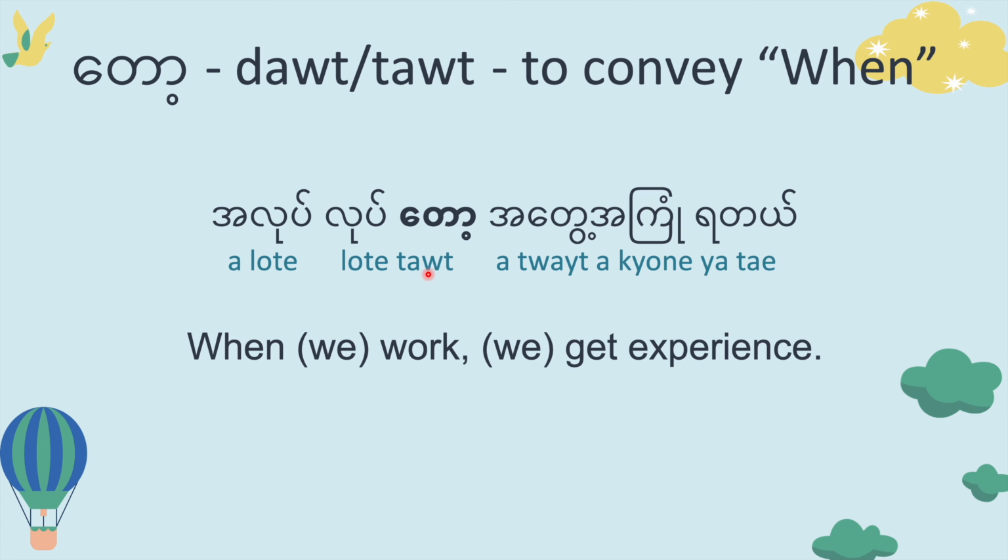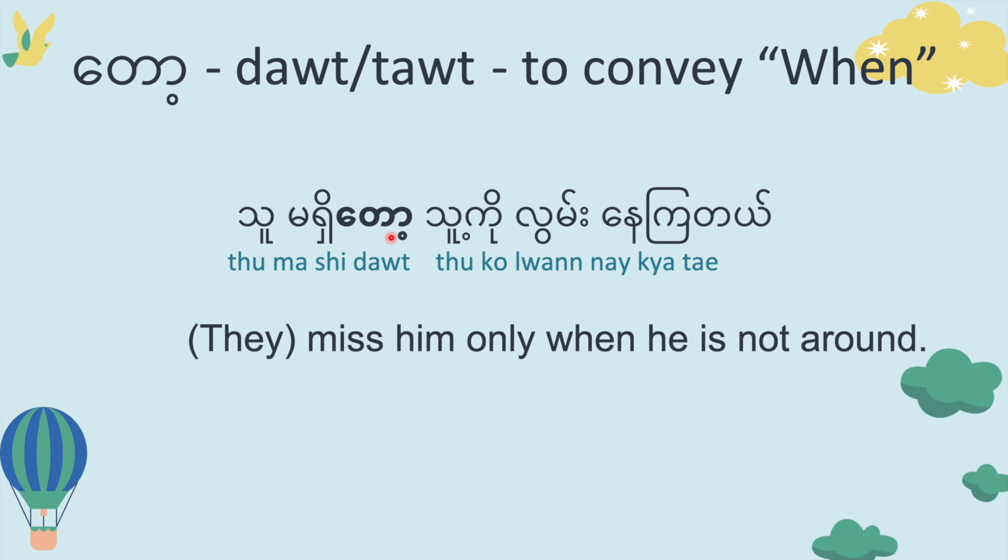It means when we work, we get experience. သူမရှိတော့သူ့ကိုလွမ်းနေကြတယ်. သူ means he or she. ရှိတယ် means to be present. မရှိဘူး means they are not present, they are not around. သူမရှိတော့, when he is not around. သူ့ကိုလွမ်းနေကြတယ်. ကို is an object particle, so he is being missed. လွမ်းနေ is to miss.